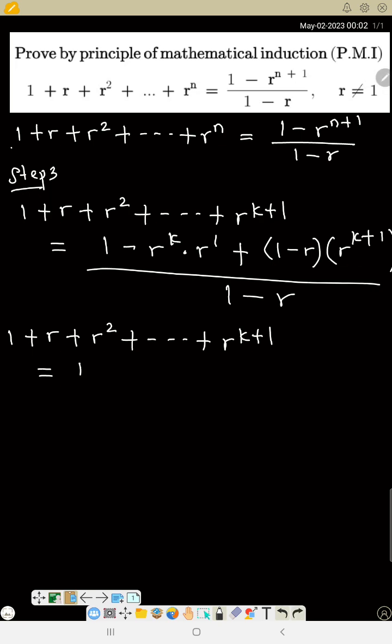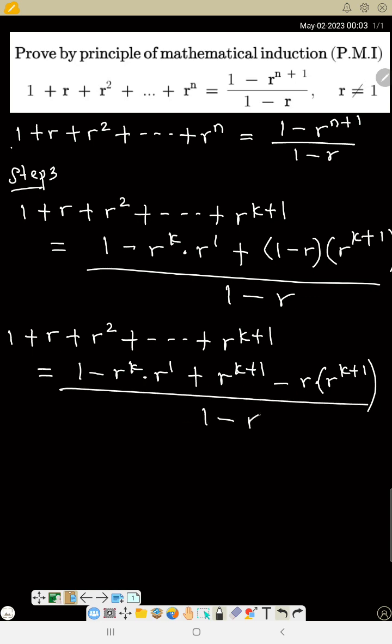So this will be 1 minus r raised to power k times r raised to power 1 plus, so expand, so 1 times r raised to power k plus 1, so that is r raised to power k plus 1, then minus r times r raised to power k plus 1, everything over 1 minus r.